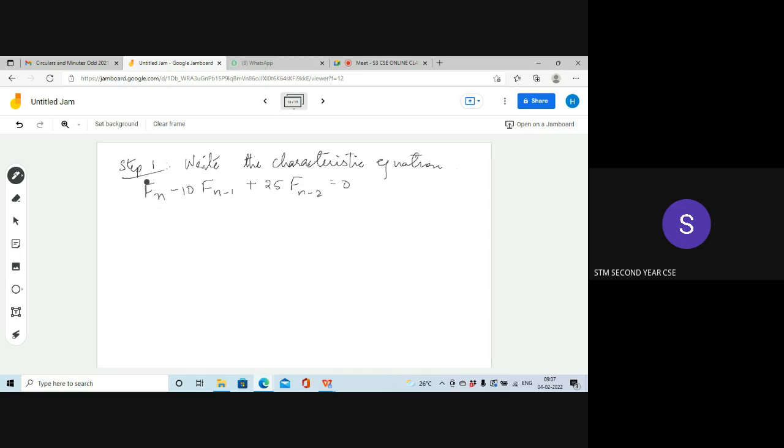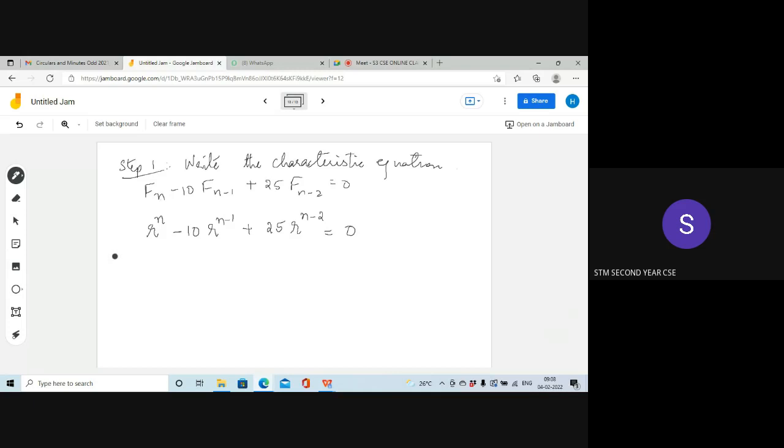To write the characteristic equation, just substitute r instead of f and bring the n to its power. Then the remaining are the same. Again substitute f by the root r and bring its suffix to its power. Plus 25, instead of f you write r and bring n minus 2 to its power, is equal to 0.